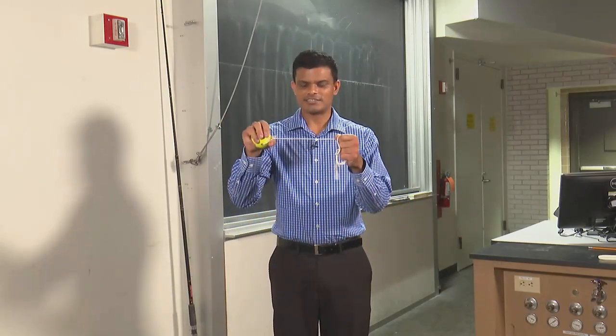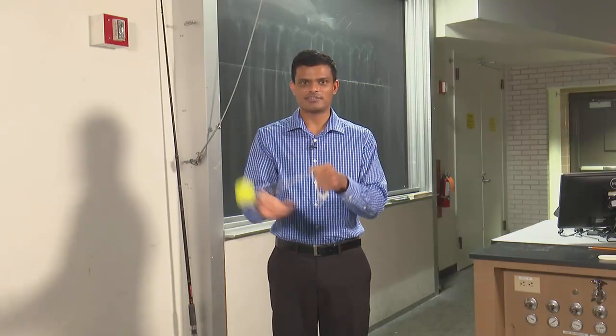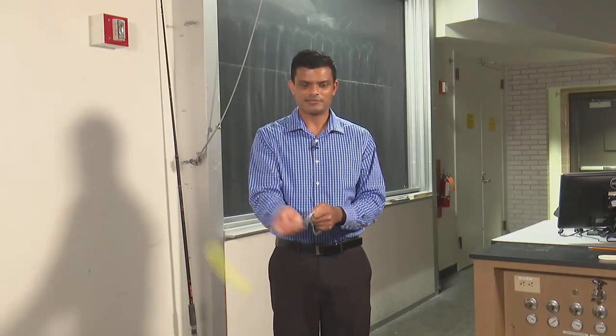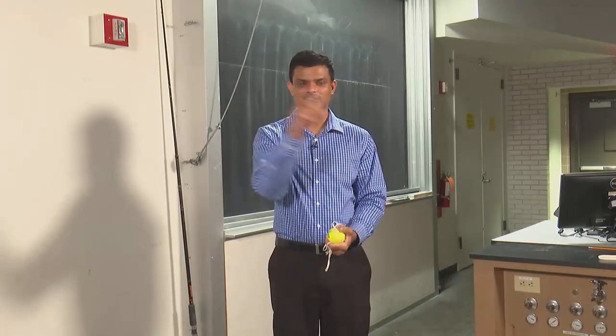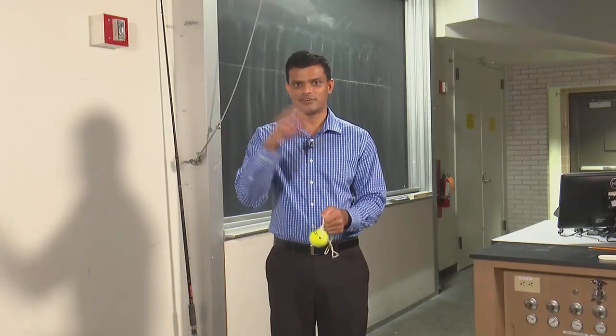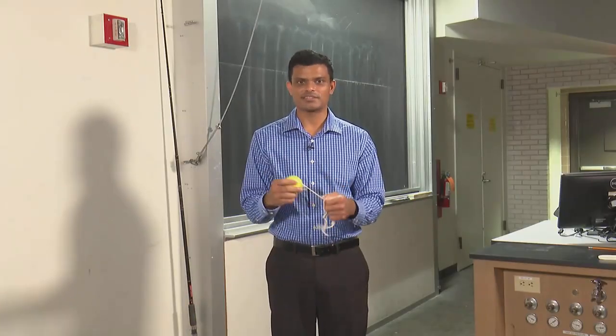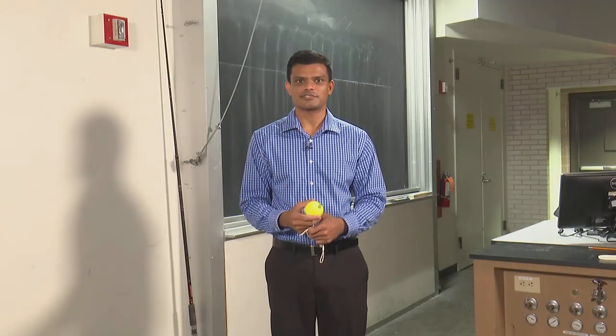As it's accelerating, there is a force pulling on the tennis ball, and that's produced by my hand. I'm trying to produce a force that tugs on the ball, making it go around in a circle. So circular motion with this tennis ball involves acceleration, specifically centripetal acceleration. And so this is a demo of circular motion.